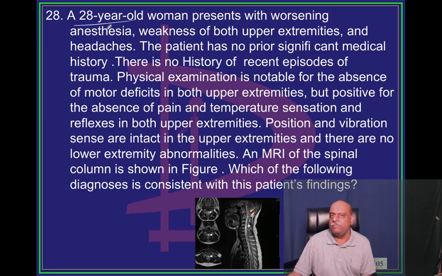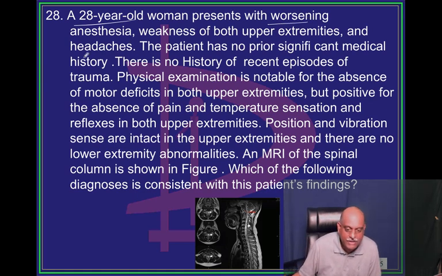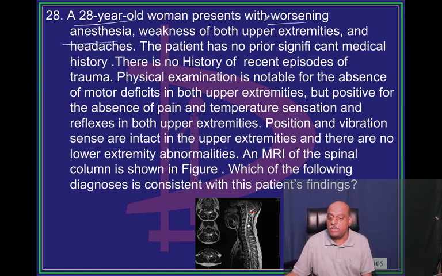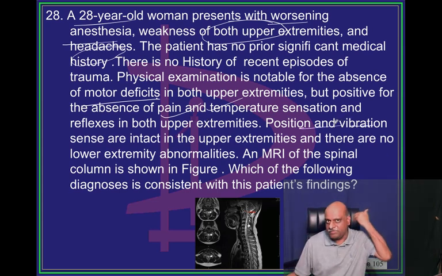A 28-year-old woman with worsening anesthesia and weakness in both upper extremities, and headaches. There's no past history, and there are no motor deficits, but there is a loss of pain and temperature sensation, whereas position and vibration, the dorsal column sensations, are intact, but pain and temperature is gone, right?